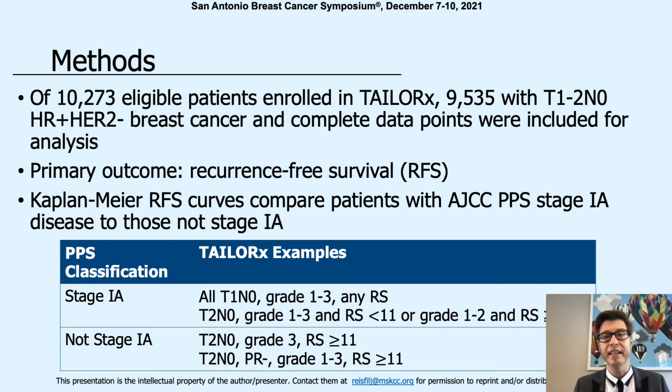So in this study, they included 9,535 patients with tumors that were T1 or 2 node negative, hormone receptor positive, HER2 negative.